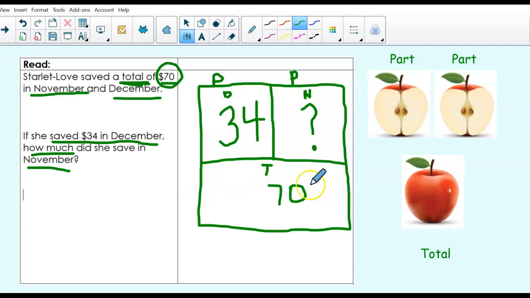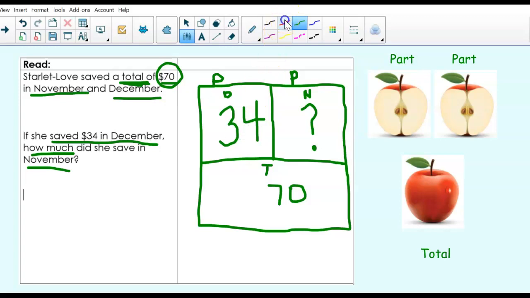We're going to take this total amount, $70, and cut apart the 34. Cut part of it off to see how much is left. When you're cutting something apart, that means you're separating it or making it smaller, or subtracting. So we're going to subtract 70 minus 34.